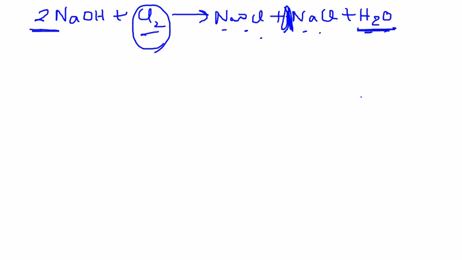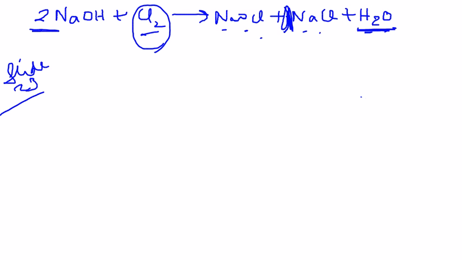Okay, we have more questions on slide number 23, and as well as 24, which is where we have more questions. So let's take it one step further. The question is, how many moles of sodium hydroxide are needed to react with 25 grams of Cl2?